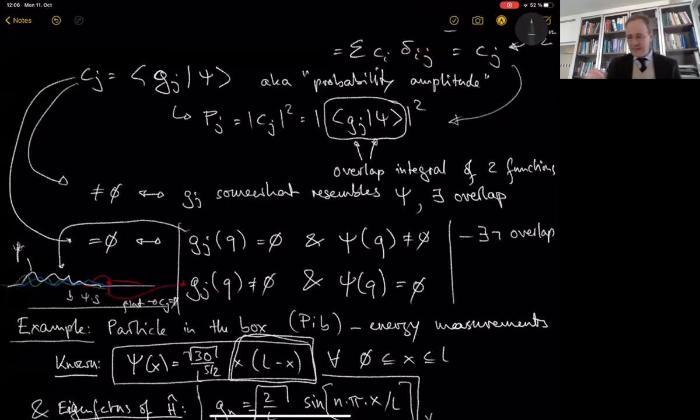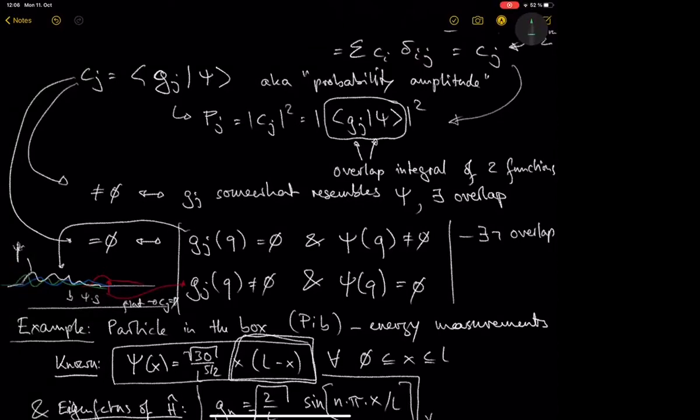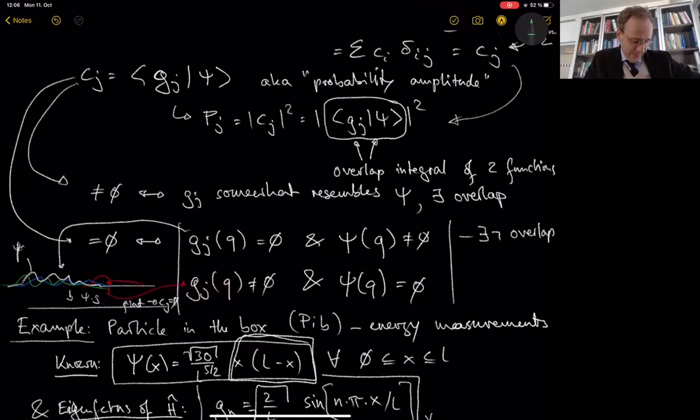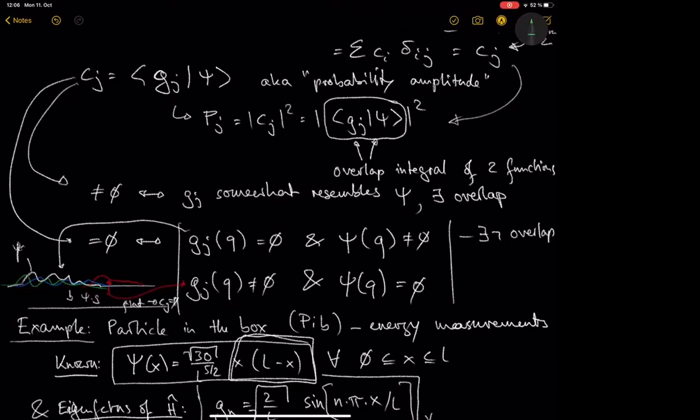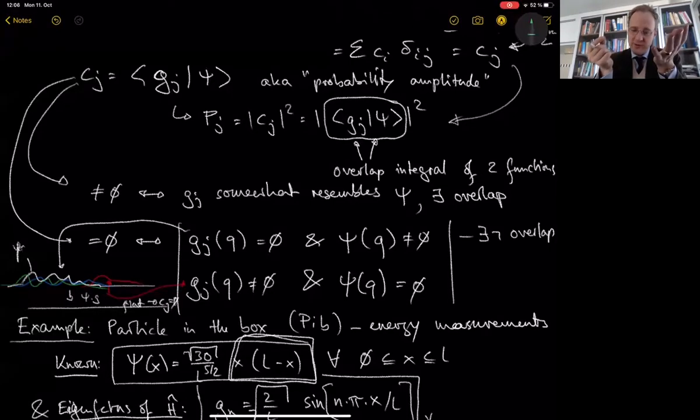So all these colored eigenfunctions sum up to the total psi. This total psi is expressed in these eigenfunctions. It's the sum over these colored guys. And now you wonder how important is any given one of those. That's what this coefficient measures. And that is related to the probability of you measuring something.